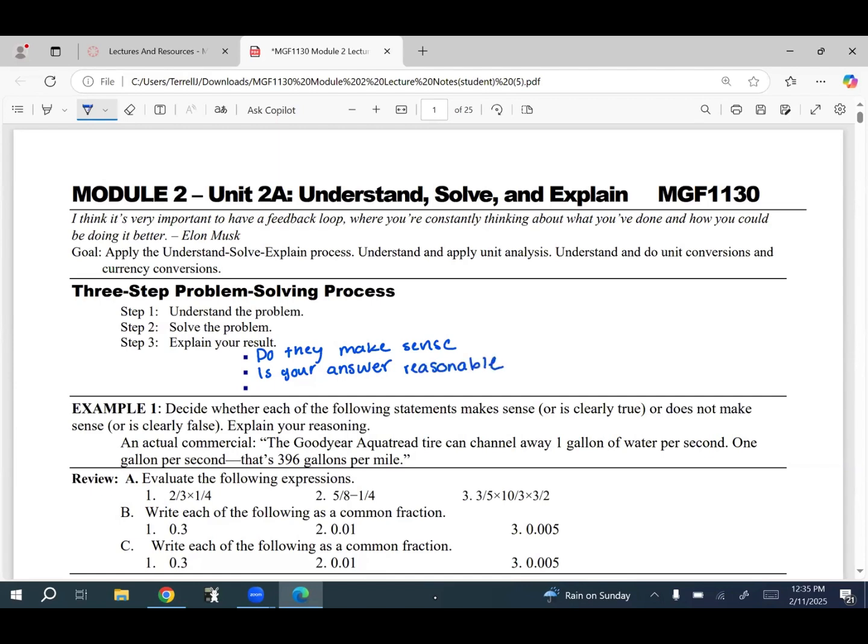And then last, did you answer the question? These are the three things you want to be mindful of when we're providing our answer.